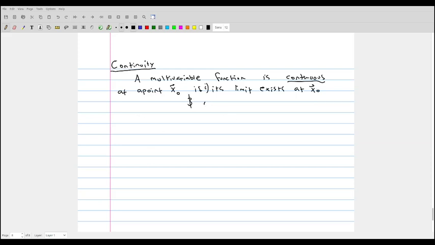And we have to also have that the value of the function is equal to the limit at the point. So notationally speaking, for a general function, you say that the limit as x goes to x naught of f of x is equal to the value of f at x naught.